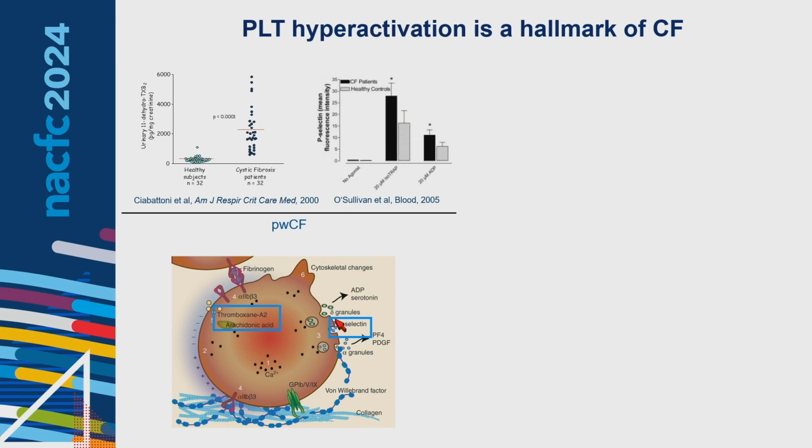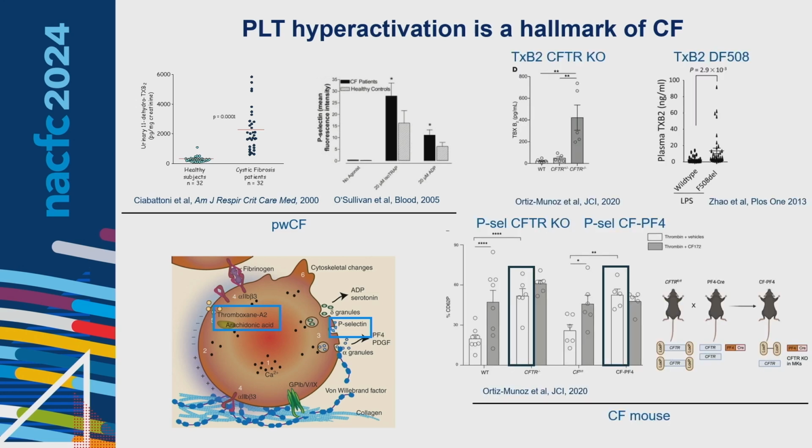These findings in people with CF were also reproduced in mouse models, in which we can observe an increased production of thromboxane B2 in gut-corrected CFTR KO mice, but also in Delta F508 mice.